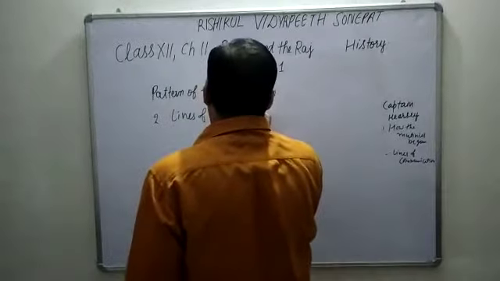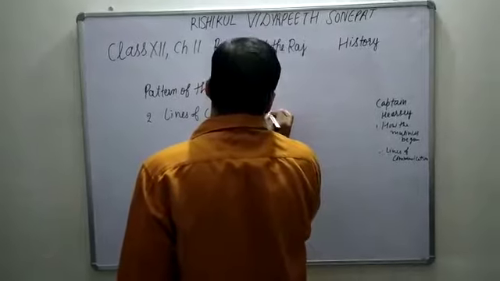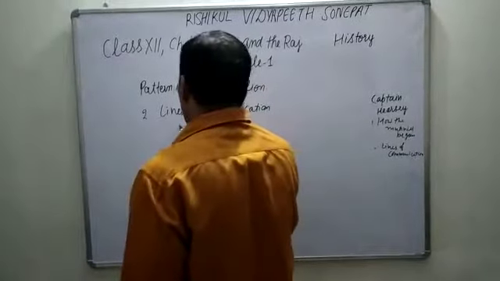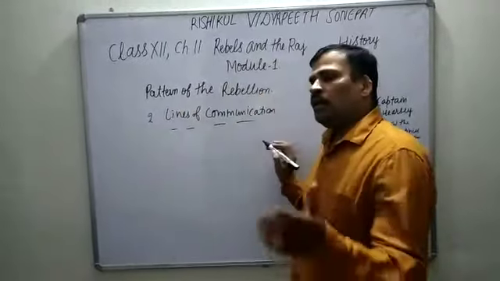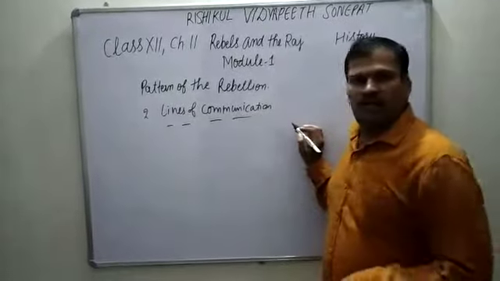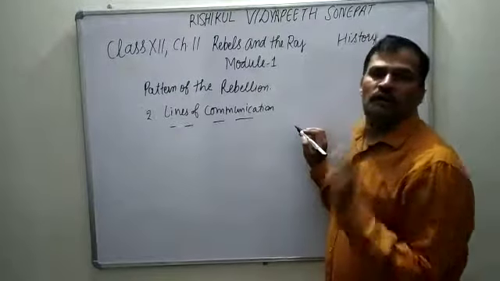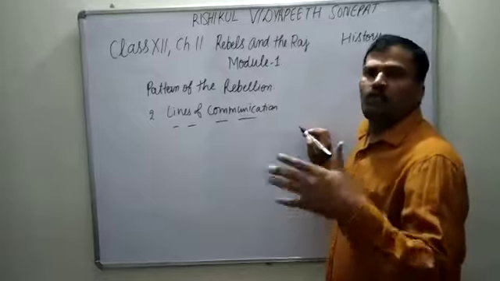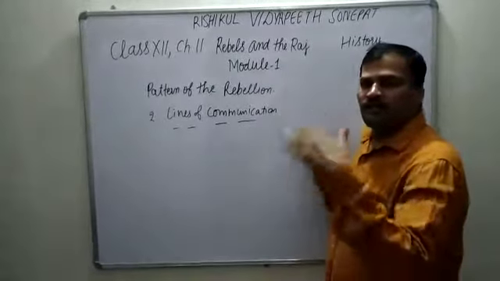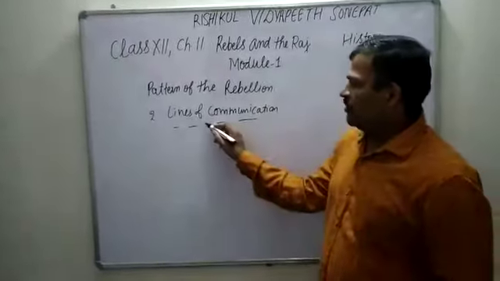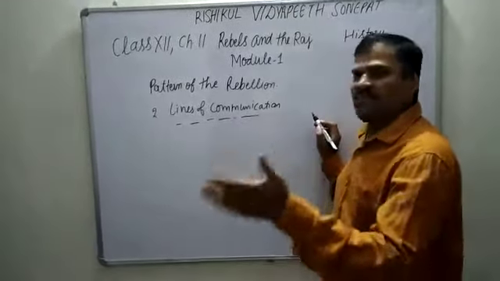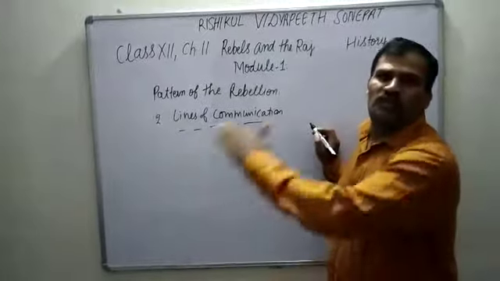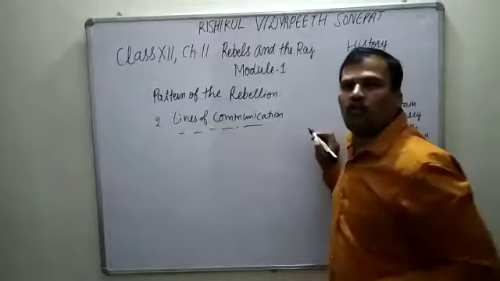How were these messages forwarded? These messages were circulated first by the sound of a gun, or by the sound of a bugle. It means some signs and symbols were used to forward this message. So that was the lines of communication.